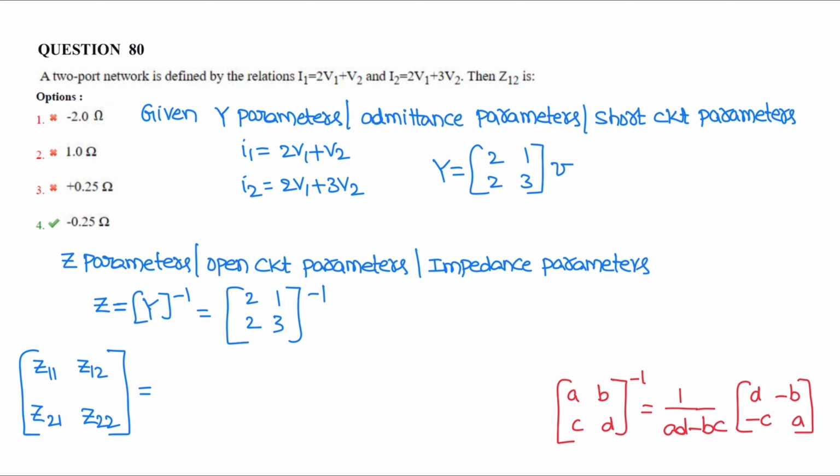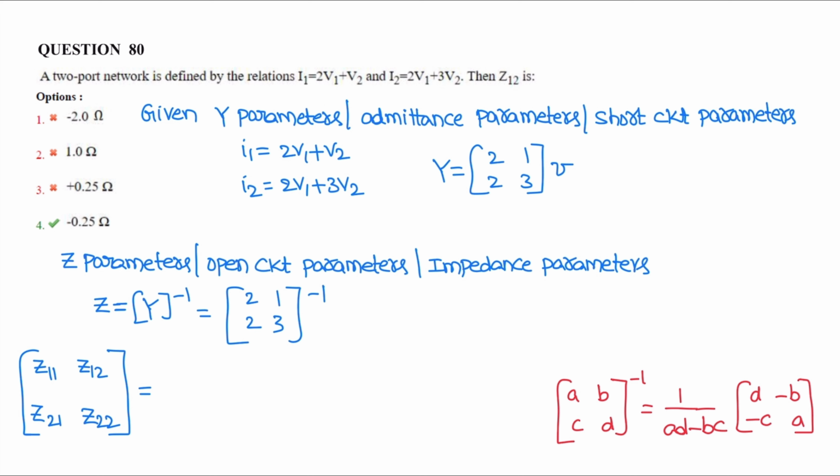Next question. A two-port network is defined by the relation I1 is equal to 2V1 plus V2, I2 is equal to 2V1 plus 3V2. Then what are the Z parameters? So given Y parameters, admittance parameters or short circuit parameters, the admittance matrix is 2, 1, 2, 3. The relation between Y parameters and Z parameters is Y is equal to Z inverse, or Z is equal to Y inverse.